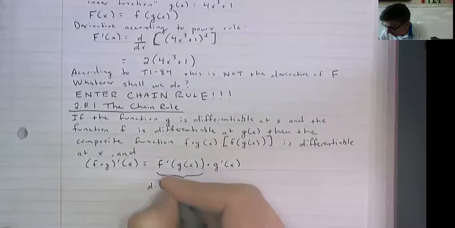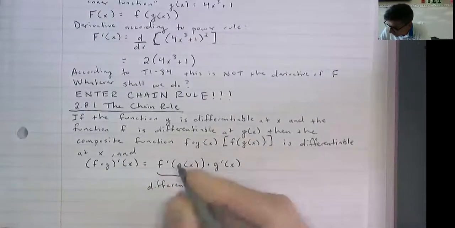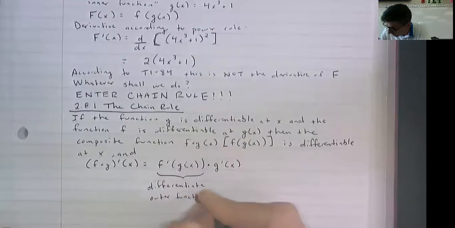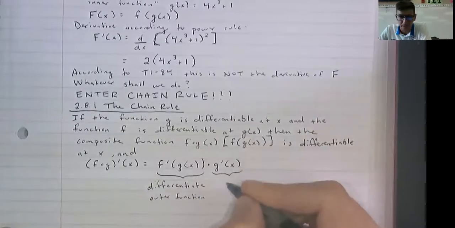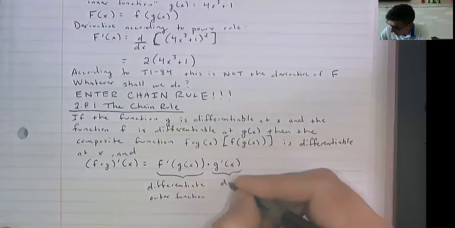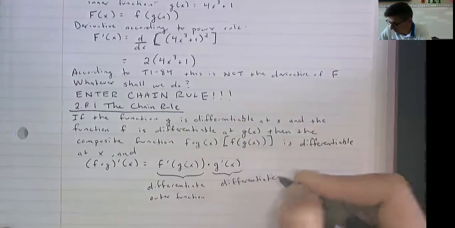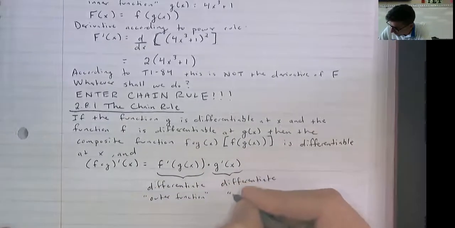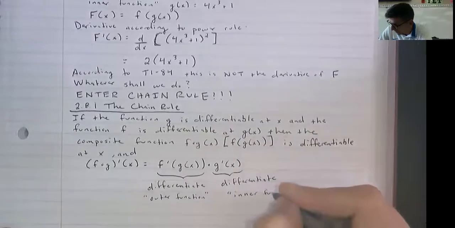So basically, in poor man's English, differentiate the outer function, and then we also need to differentiate the inner function. So outer function, and then multiply it by the derivative of the inner function.